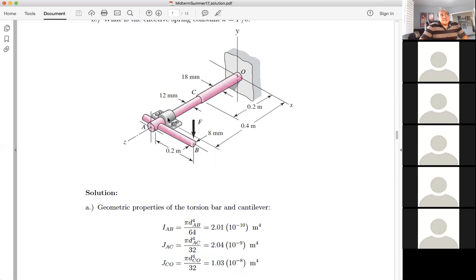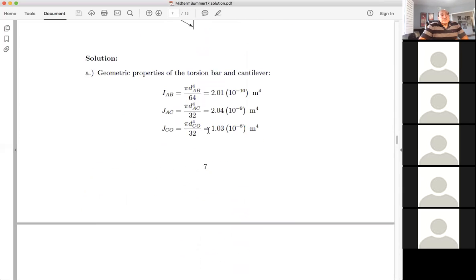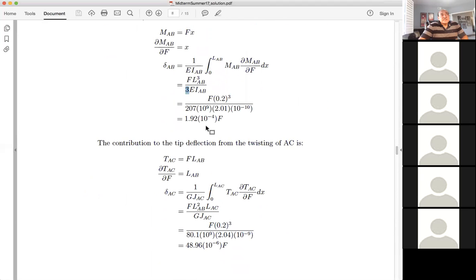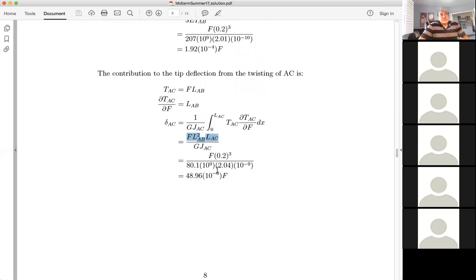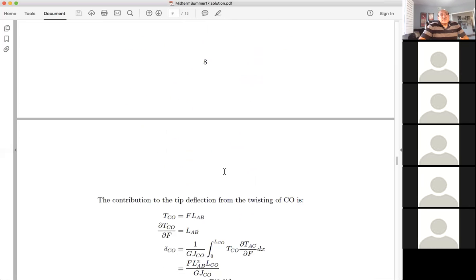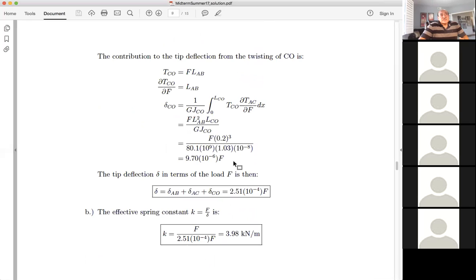But luckily, the torque is the same everywhere, and therefore the integrations will be rather quick and easy. So we have F times L_AB. When we take the derivative with respect to F, we get L_AB, and therefore the integration will be just integration over the length of the tube, and you get this generic formula, and then you substitute everything in terms of F for the two sections.